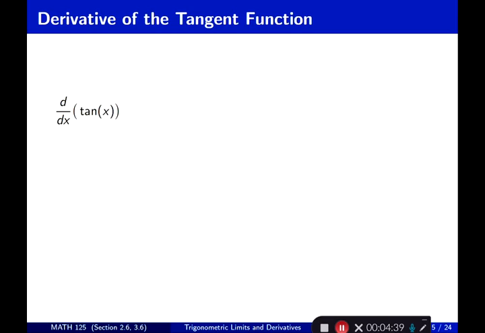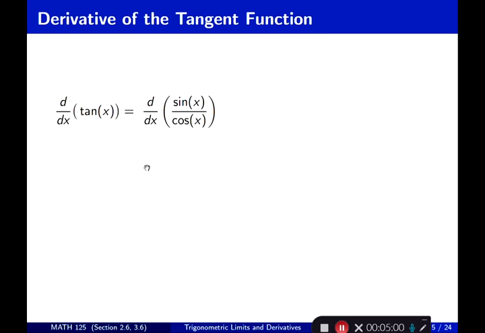But let's also use a derivation method, so that if we forget some of them, we can remember. So let's start with derivative of tangent of x. What is tangent of x? It's sine of x over cosine of x.